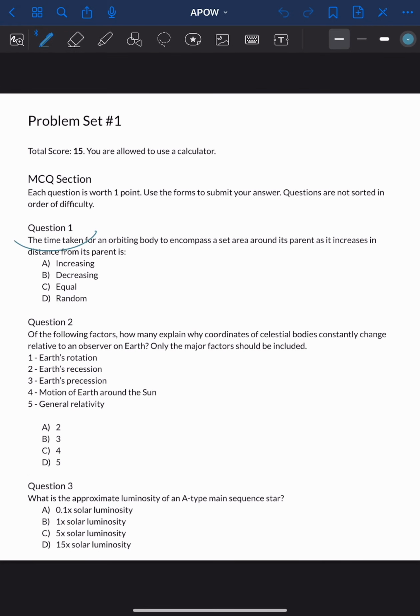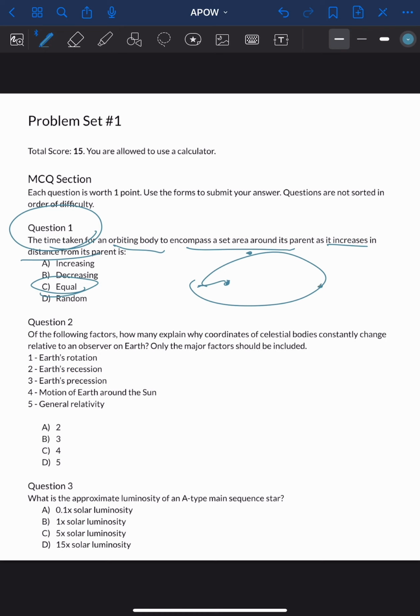So for question 1, the time taken to encompass a set area with an increase in distance is basically equal. This is basically Kepler's law, because remember Kepler's second law? When you orbit, if you have the star here and then you have your satellite here, it doesn't matter where it is.